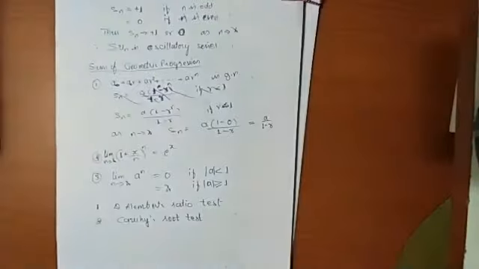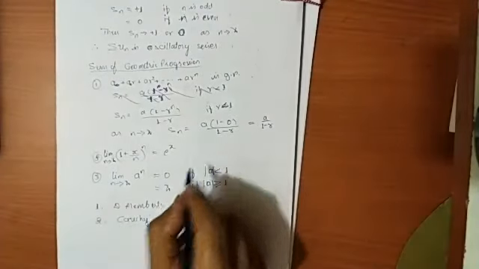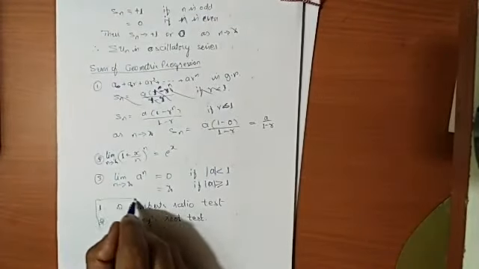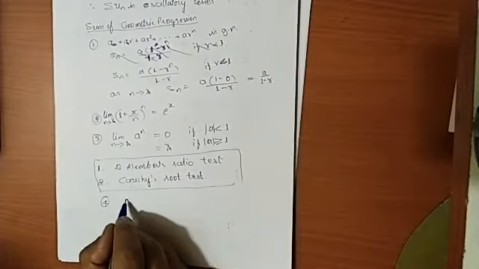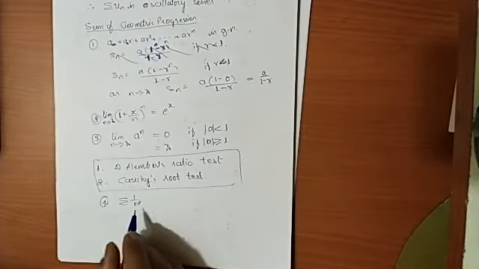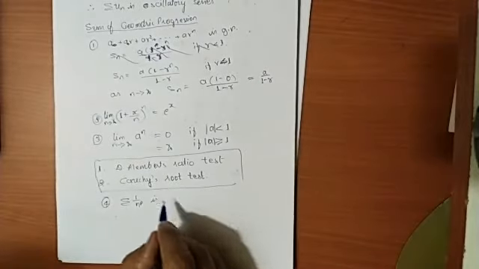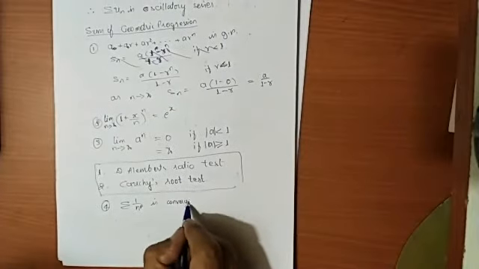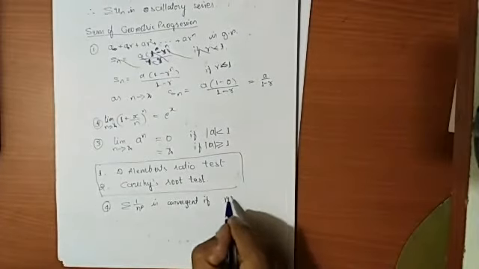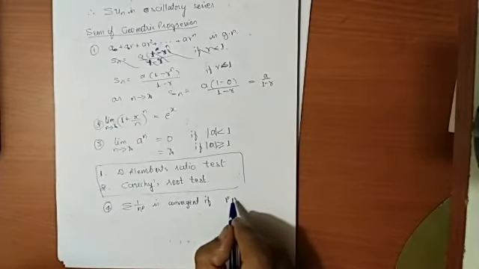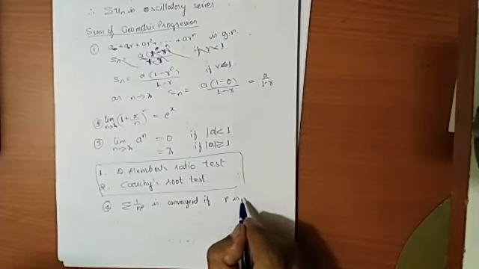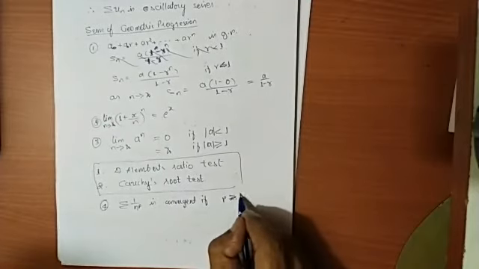And then one is called the p series. The fourth result will be sigma 1 over n raised to p, where n is an integer, is convergent if p is positive, that is, p is greater than 1.